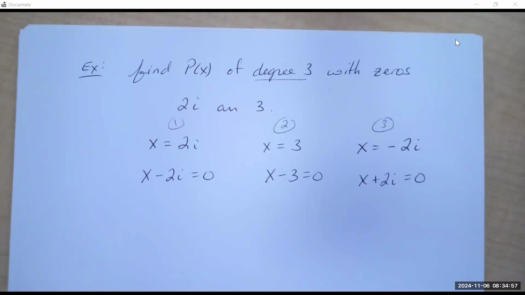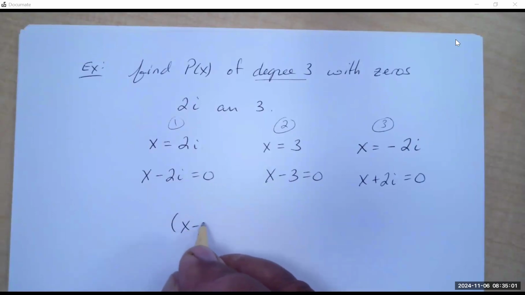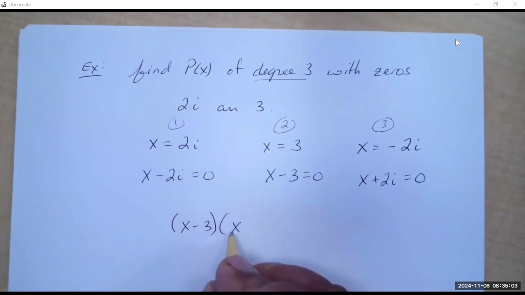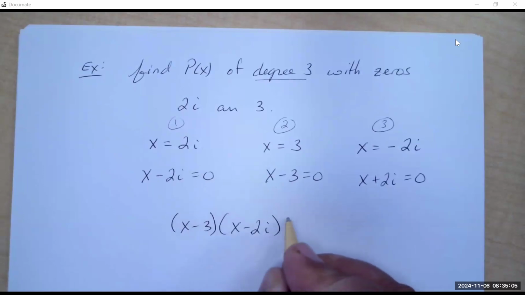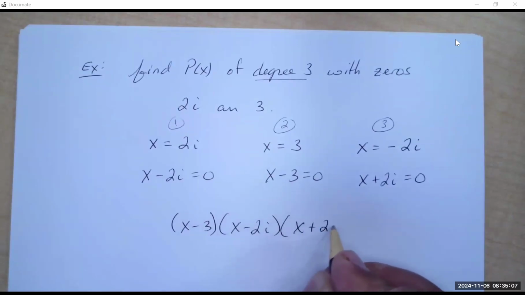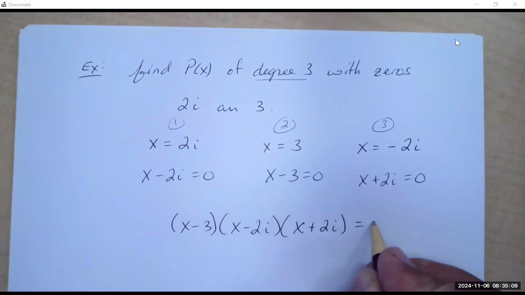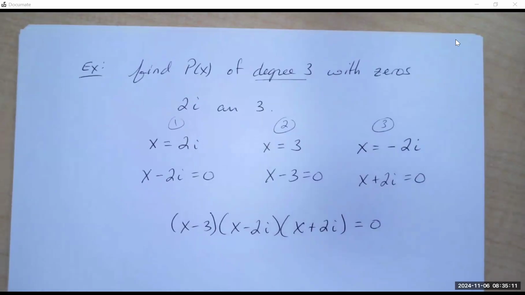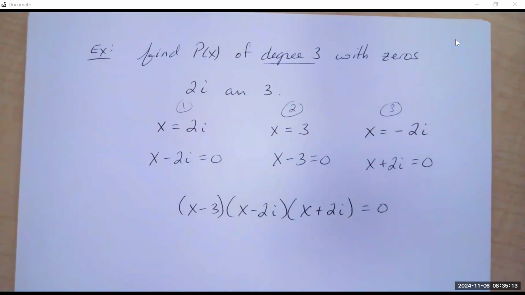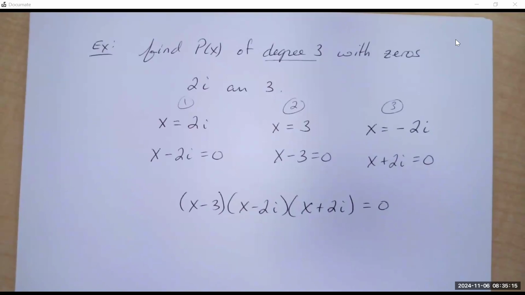Then what? Yeah. So we have x minus 3, x minus 2i, x plus 2i, all that equals 0. Do the complex numbers first.